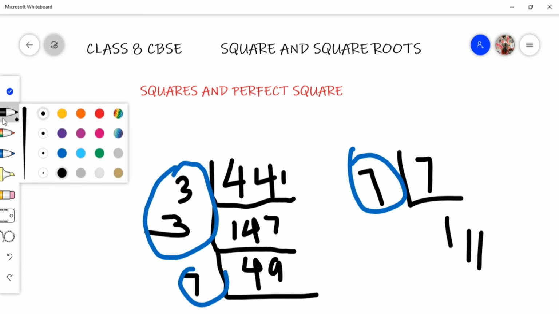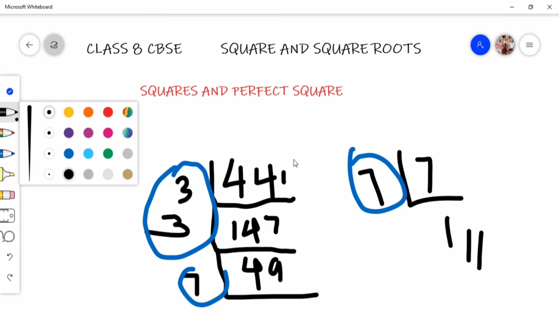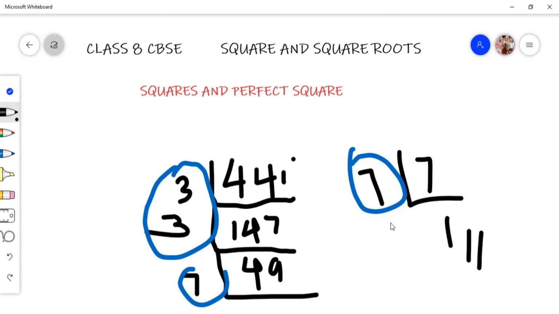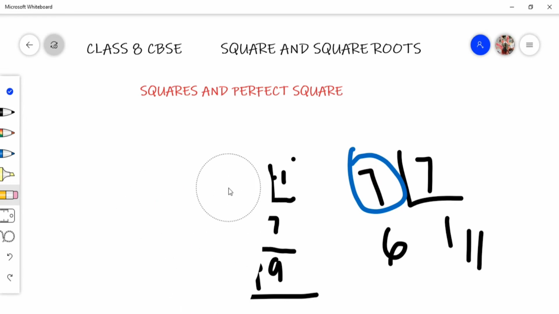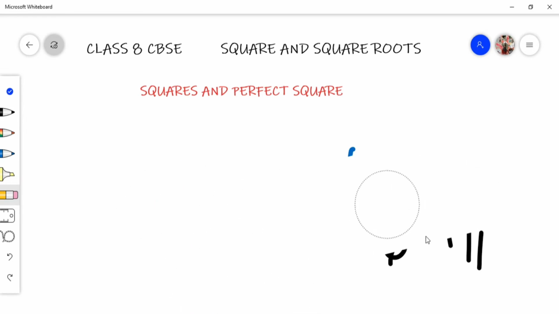If there is any factor left over, the number is not a perfect square. For example, if a 6 had been left, then this number would not have been a perfect square. But there is no factor left, so this is a perfect square number.